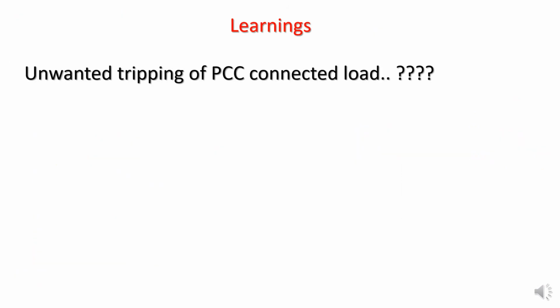If you are facing unwanted tripping of PCC connected loads, side-by connected loads tripping without any reason, you reset and restart, it runs for a few days and then again it trips.